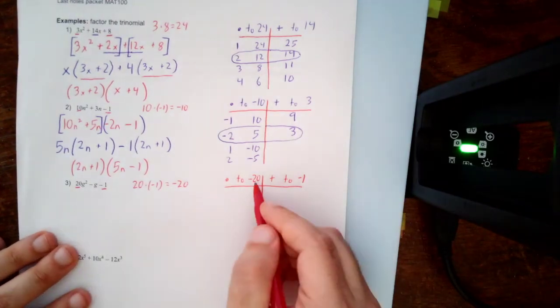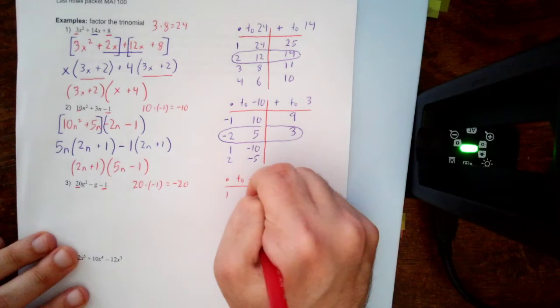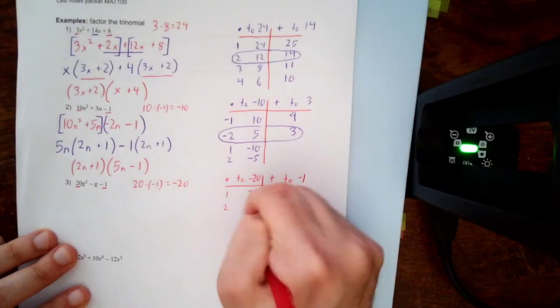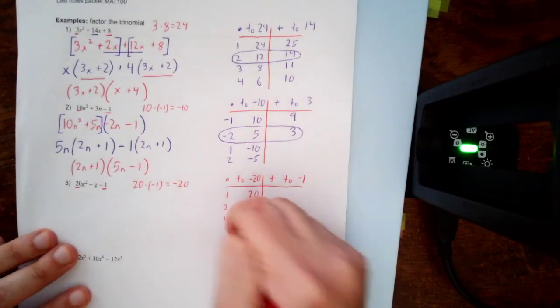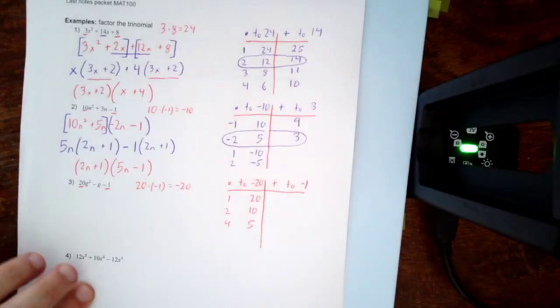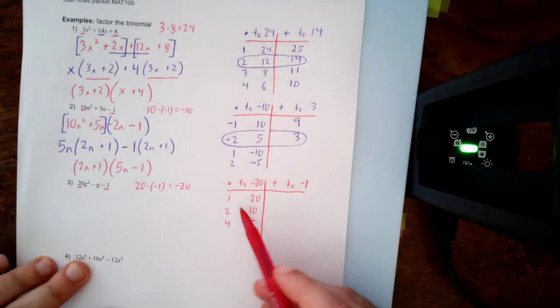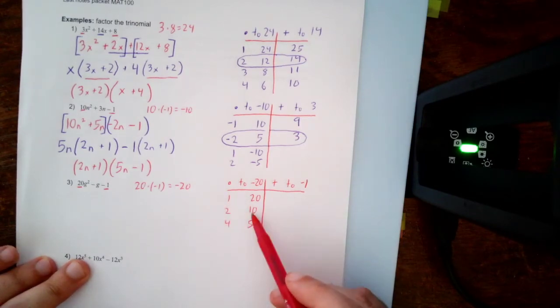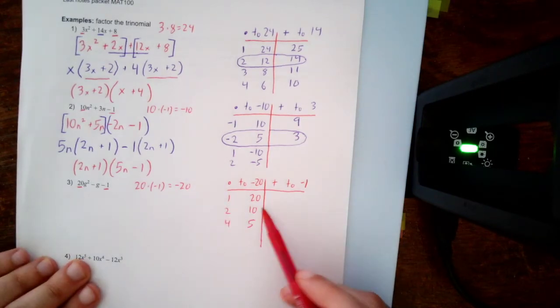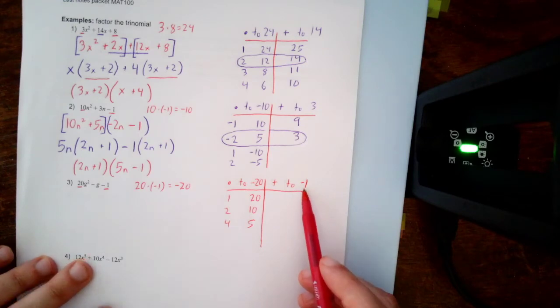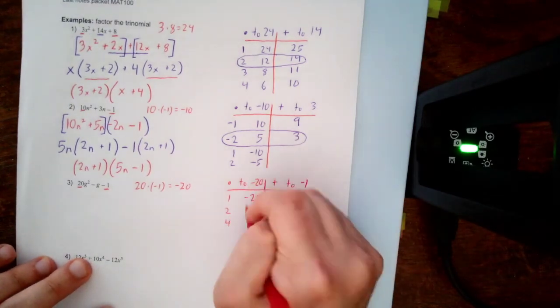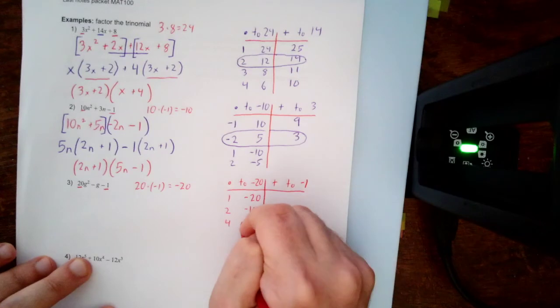Now, what are factors of 20? Well, 1 and 20, 2 and 10, or 4 and 5. Now, the 20 is negative, so one of the values has to be negative. Is it the bigger or the smaller? Well, if I want them to add to a negative number, the bigger number needs to be negative in each case, right?